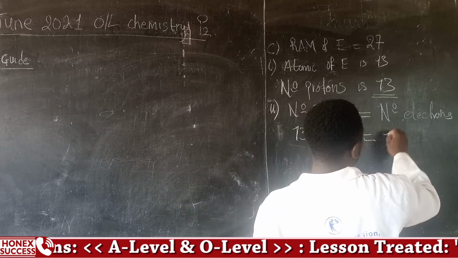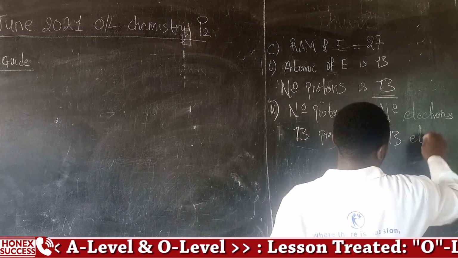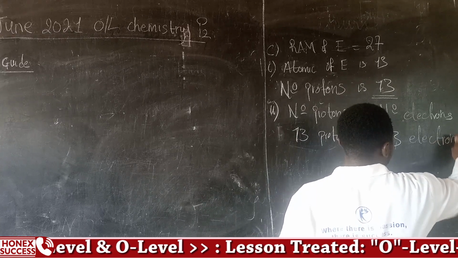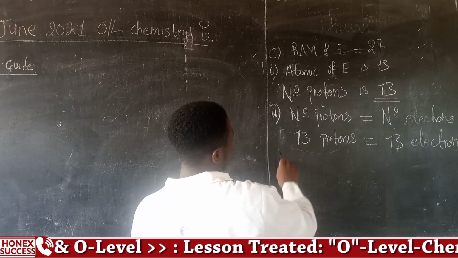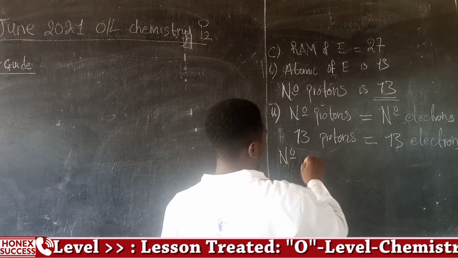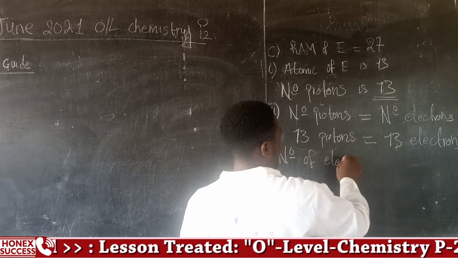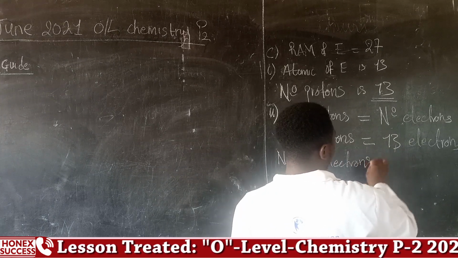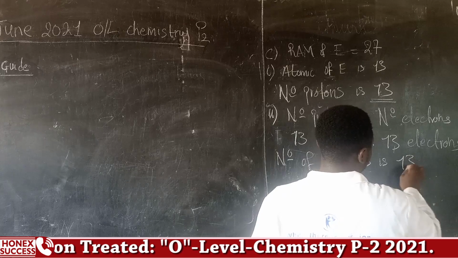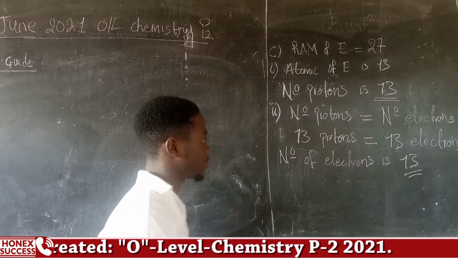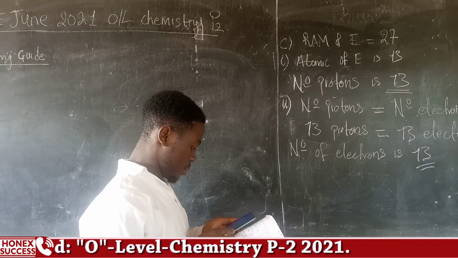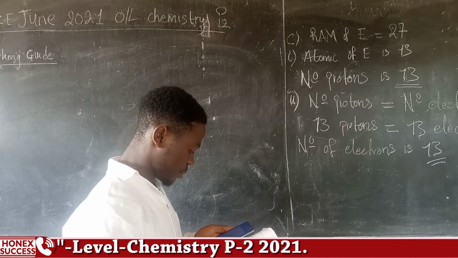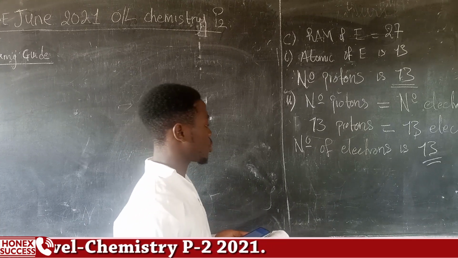So what are we saying? Since there are 13 protons, it simply means there are also 13 electrons. So the number of electrons is 13.